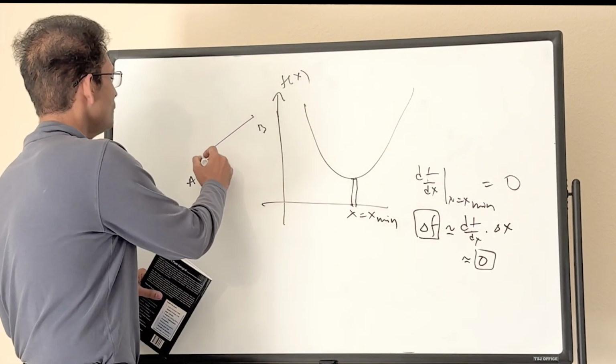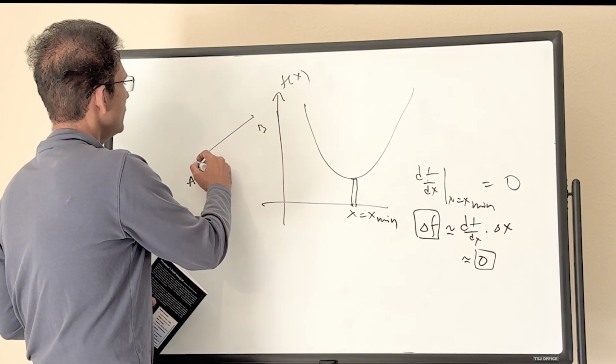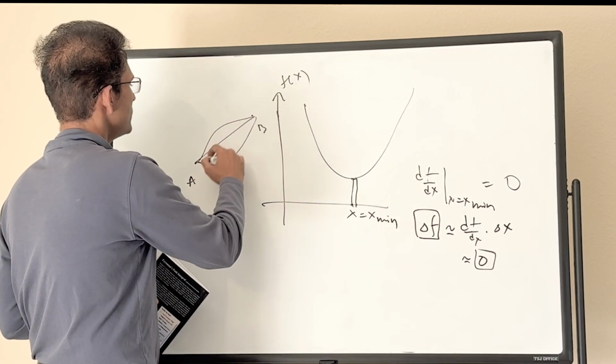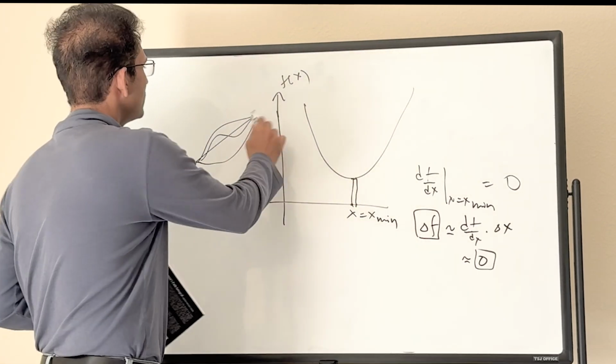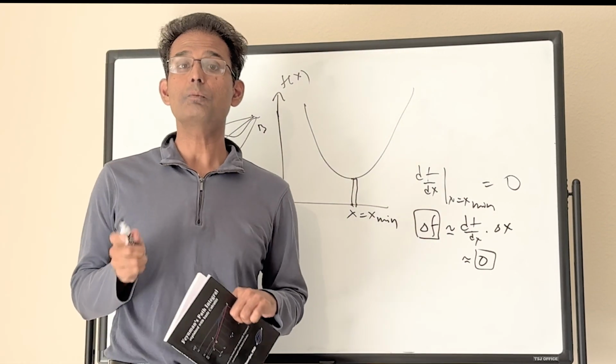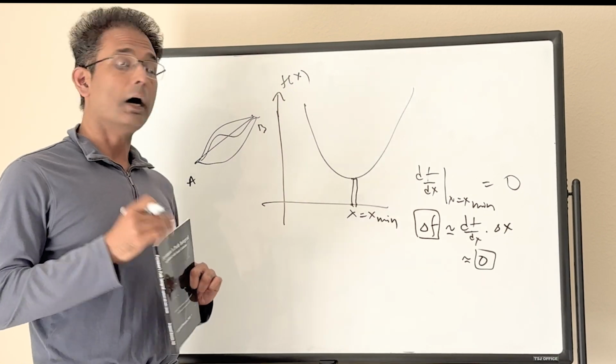It means that if you consider all possible paths between A and B, like maybe this, and then some arbitrary path, of all these paths the straight line assumes the minimum value.